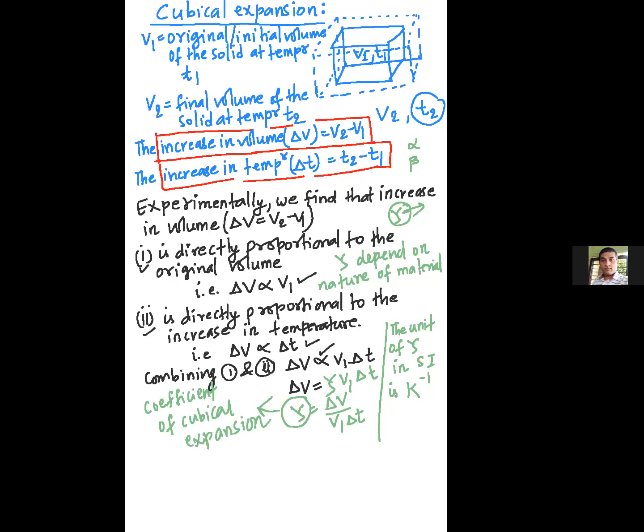Now we need to simplify this expression. Let me erase this.